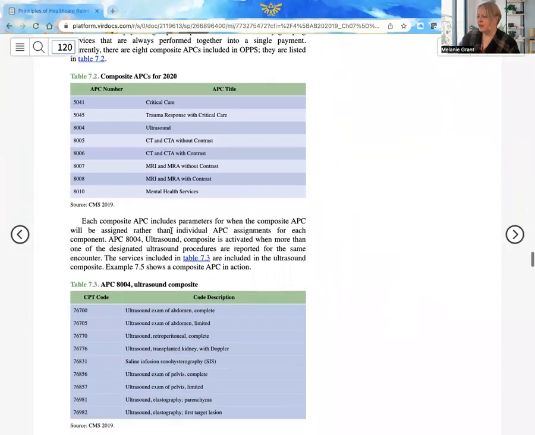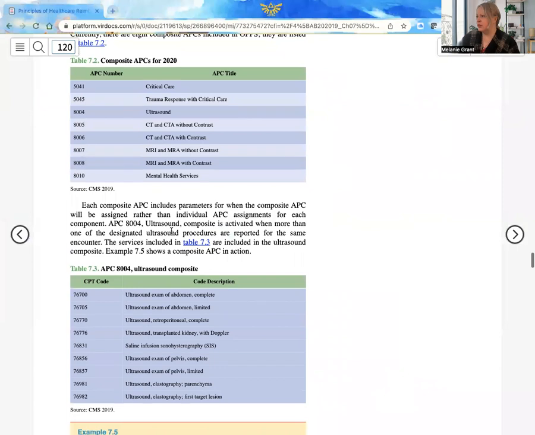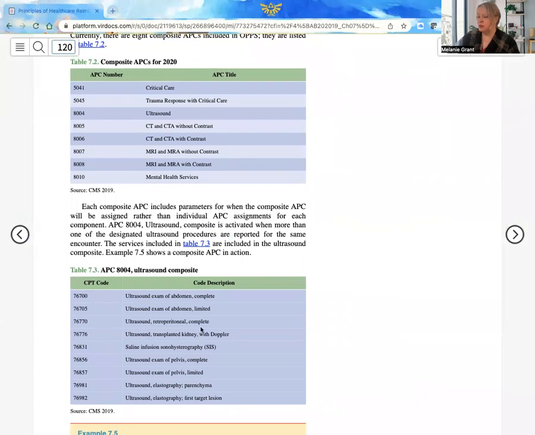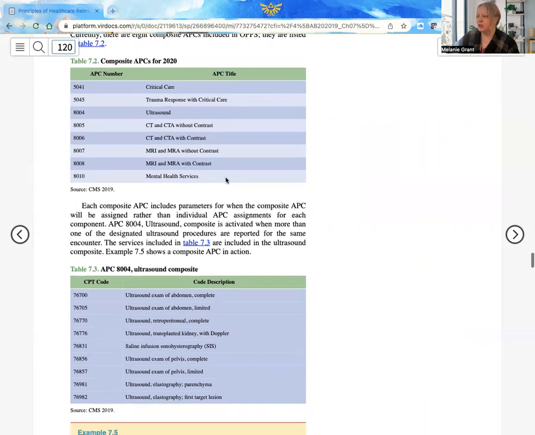The first thing we have is table 7.2 and 7.3 here. 7.2 gives an example of some of the APC composites for 2020, looking at different types of care. So you can see here like the 5041, 5045, and so on for each of the different categories we were just looking at, identifies the types of services.